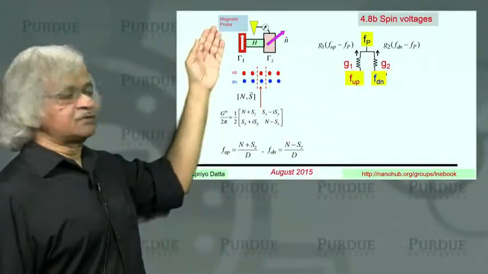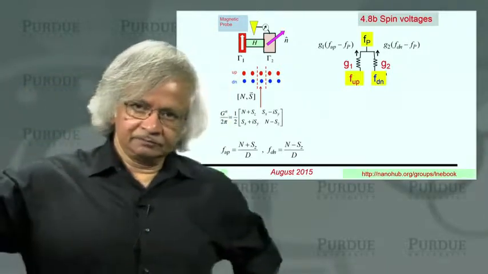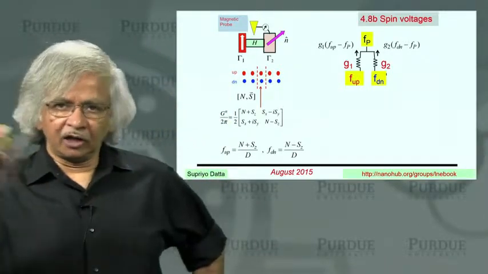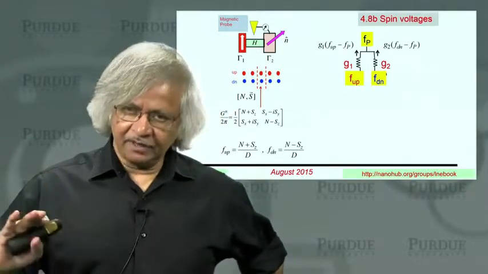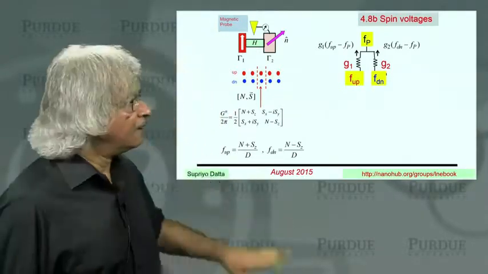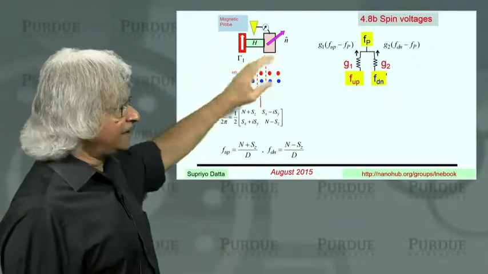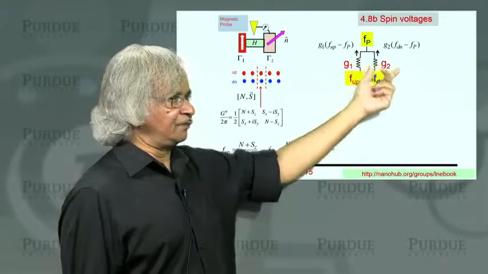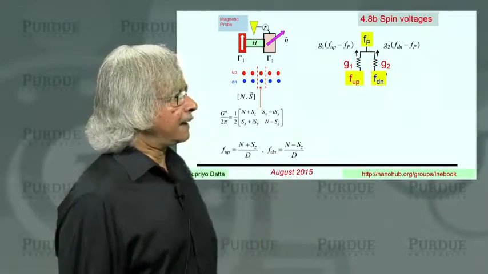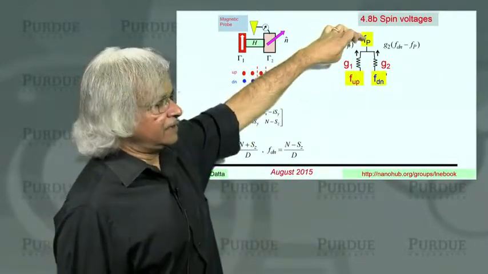Of course, if this were a non-magnetic probe, then those two would have been equal. Non-magnetic means it doesn't discriminate upspins, downspins, makes equal contacts to both. But here, if it's magnetic, then the two can be different, and so we'll put down two different symbols, G1 and G2.